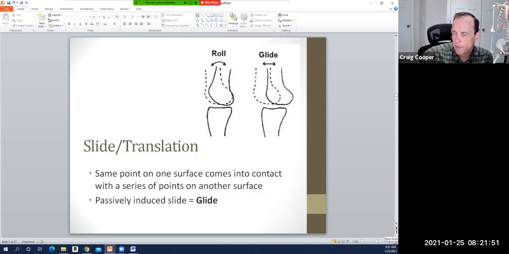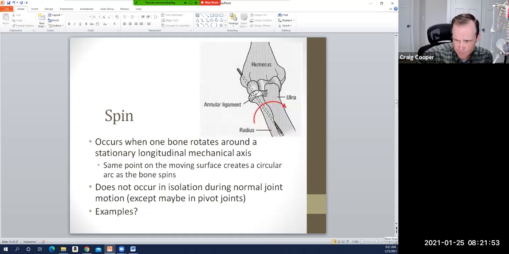So just kind of talked about those concepts. Spin's a little different. We don't have as many joints that spin. Really, our pivot joints and our ball and socket joints are going to be the primary ones that actually have that ability. You kind of need that horizontal plane motion to be able to spin.